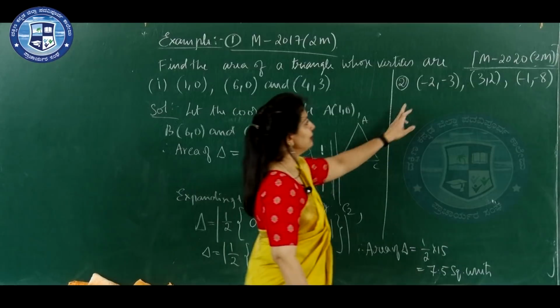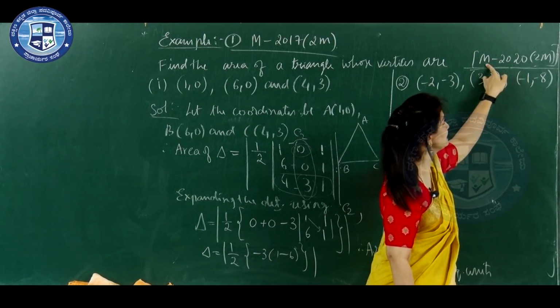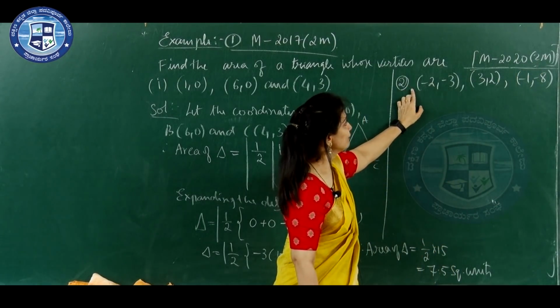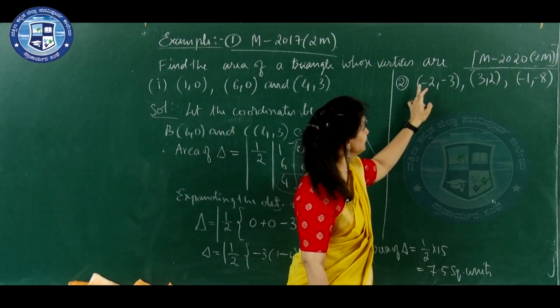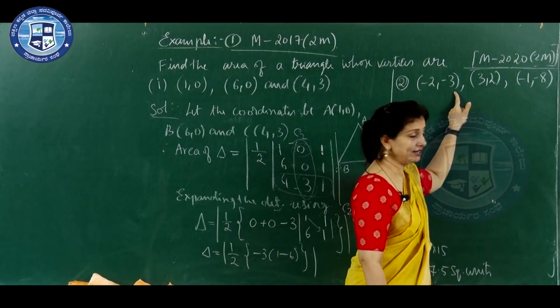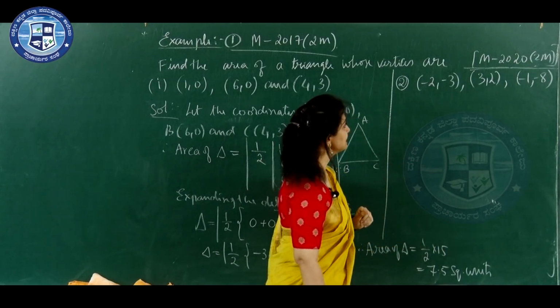Similarly, one more question was asked in the March 2020 board examination for 2 marks. Look at this: find the area of the triangle using determinant, where the coordinates are minus 2, minus 3, 3, 2, minus 1, minus 8. So the coordinates are known.